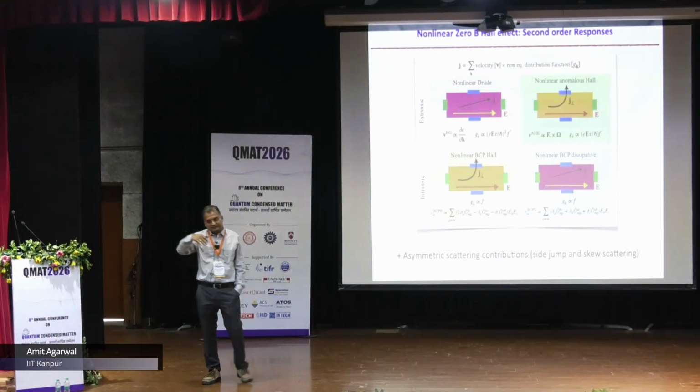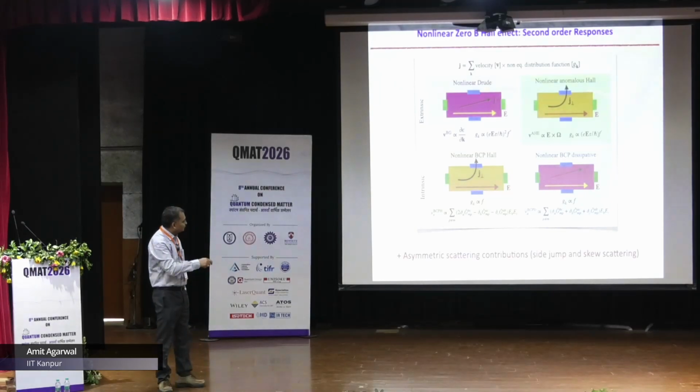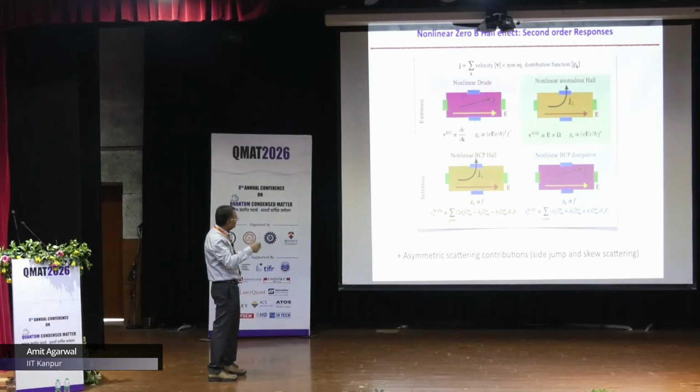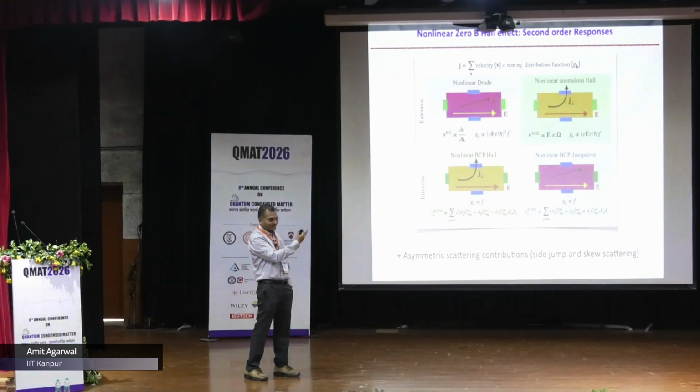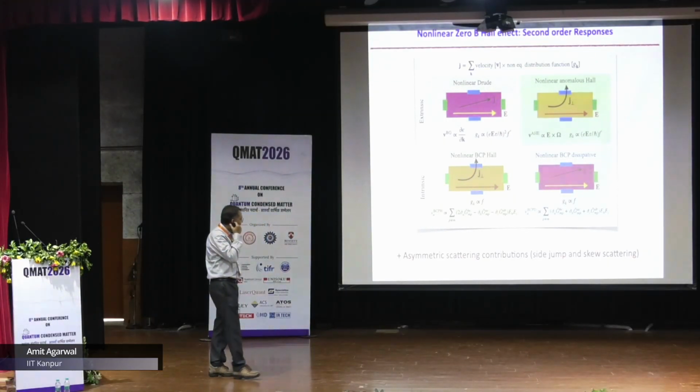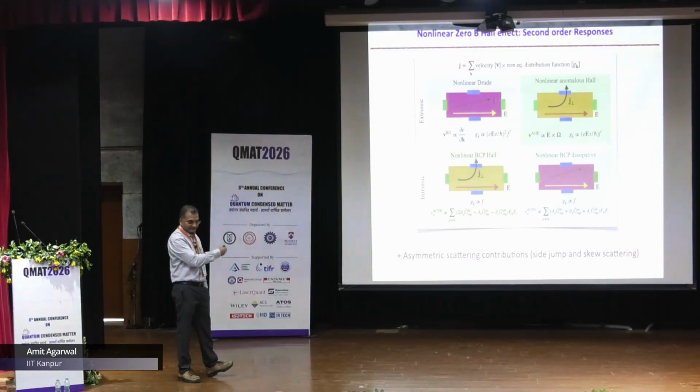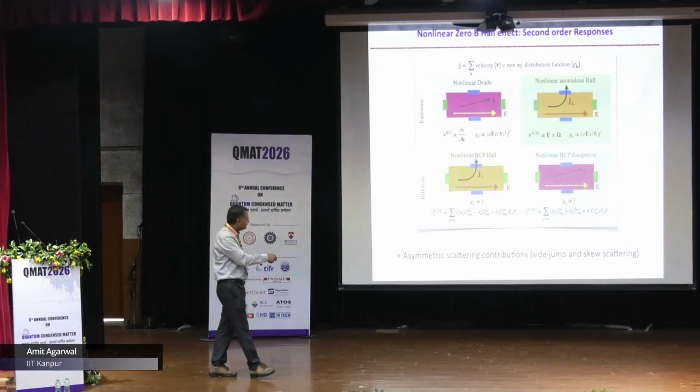If you do a systematic calculation, then these are the 4 contributions that we found. This one, I already told you, comes from second order in the scattering time scale. Nonlinear anomalous Hall we already had in Sodemann and Fu's paper. Nonlinear BCP Hall was predicted in these 2 papers I showed.